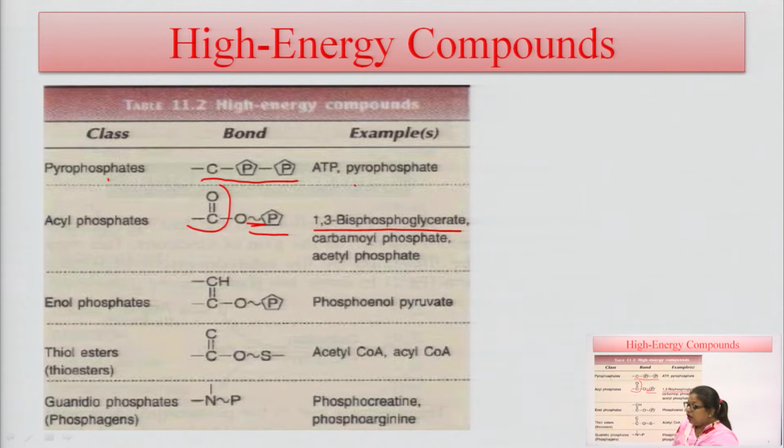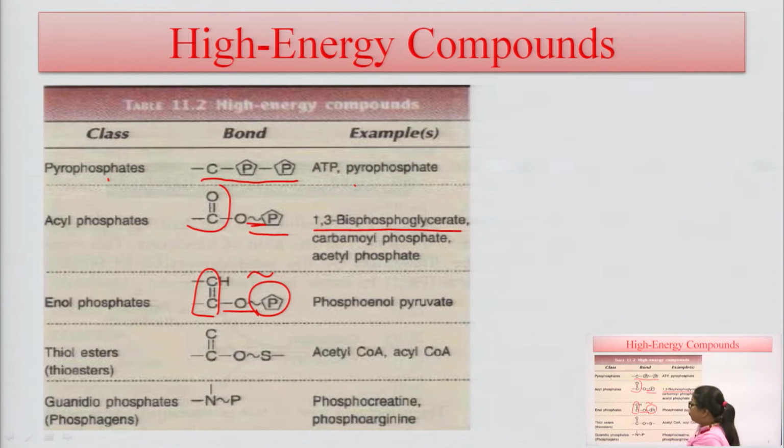The next class of high energy compounds is the enol phosphate. In this enol phosphate, there is attachment of two carbon atoms, an ethylene, and there is a formation of a hydrogen atom with this high energy phosphate bond. This is the symbol of the high energy form, the attachment of phosphate with any other group.